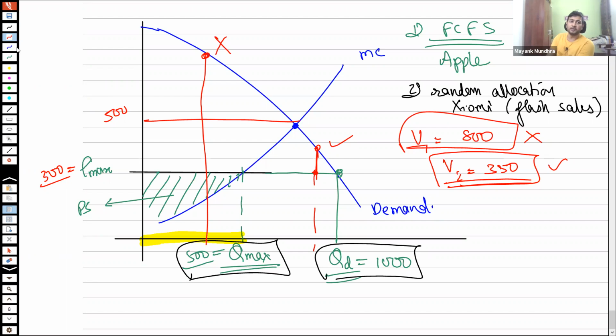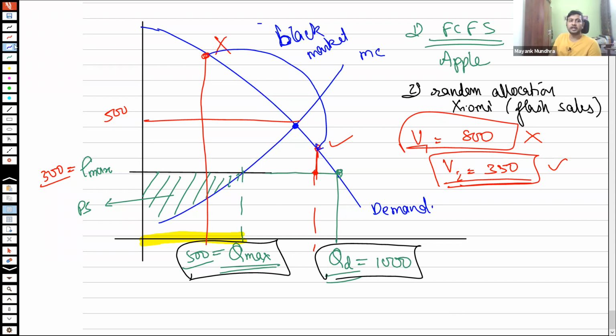So these two people will now meet on this other platform called OLX, which is the black market, and they're going to trade this product.